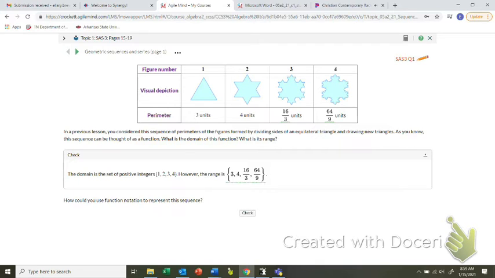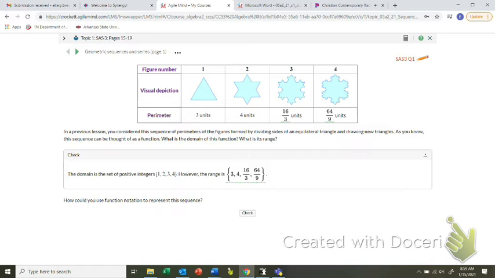All right, now it says, how could you use function notation to represent the sequence? Okay. Function notation is what we just did on the board, those problems. Okay? So it always gave us the first term, right? All right, so here we want to write what the first term is.